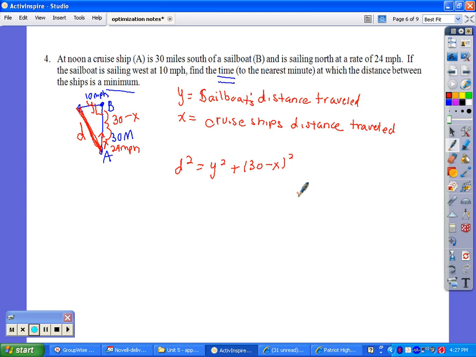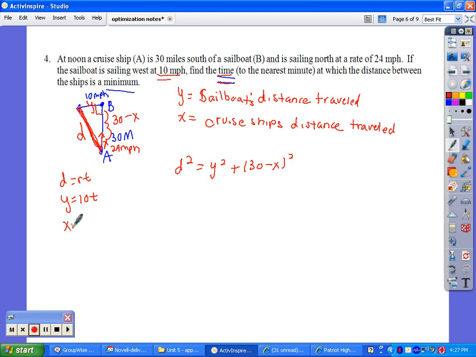Now, our goal is we're trying to minimize time. And so I need to get this in terms of time. So if you go back to probably Algebra 1 and we think about what distance equals, distance is equal to rate times time. Or if you're taking physics, you might be doing that as well. So y's distance is equal to the rate that the sailboat is traveling, which is 10 miles per hour, times the time. And now we have it in terms of t.